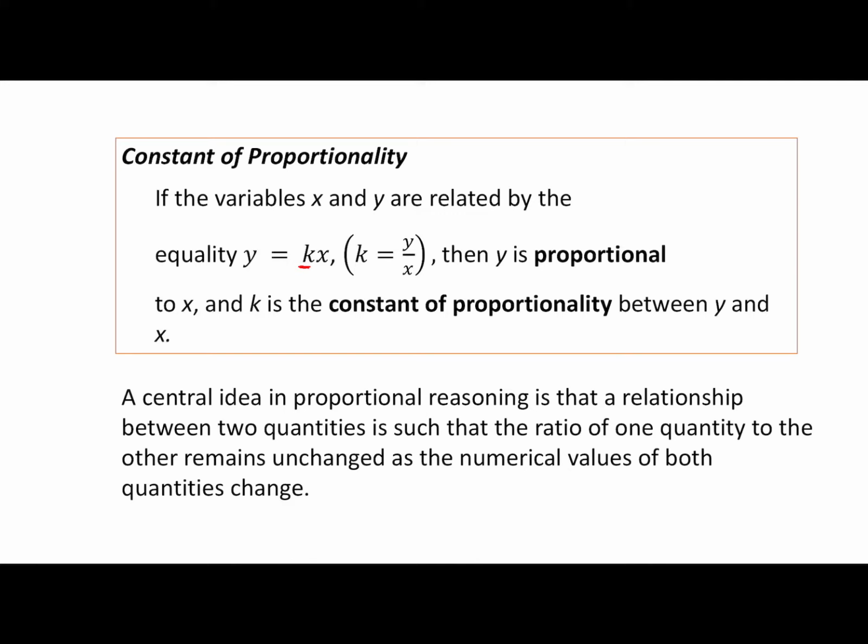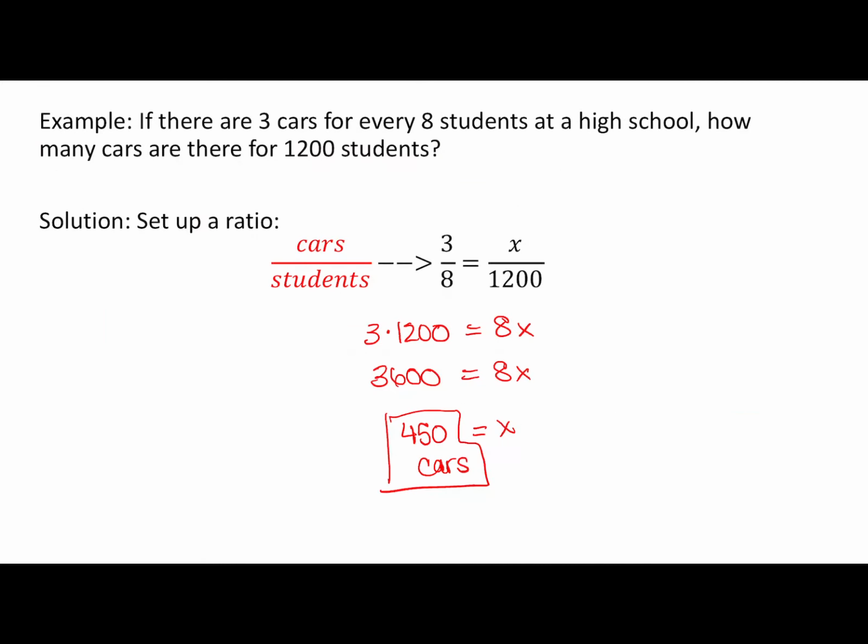So the central idea here is that a relationship between 2 quantities is such that the ratio of one quantity to the other remains unchanged as the numerical values of both quantities change. So over here, 3/8 is my k, and the idea is that 3/8 is equal to k, and so is x over 1,200. And so we used that to be able to solve this equation.